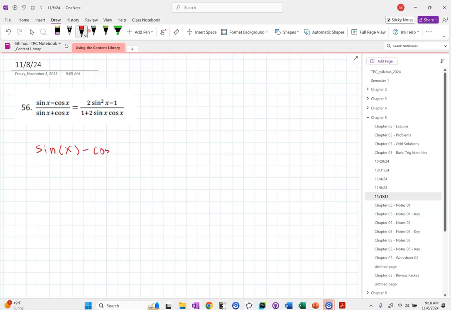So let's say we start with the left-hand side. Now, again, I notice that I have things to the first and then things to the second.